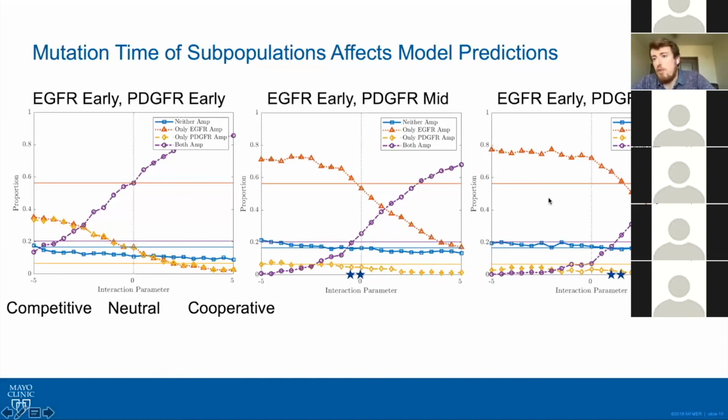However, if we then introduce PDGFR later still, we see that our best fits now point towards alpha being positive, suggesting that these subpopulations are cooperating. So obviously this is an area that needs further research. We don't know when these subpopulations will be introduced per patient, and that obviously affects our outcome of this alpha term, which we're very interested in.